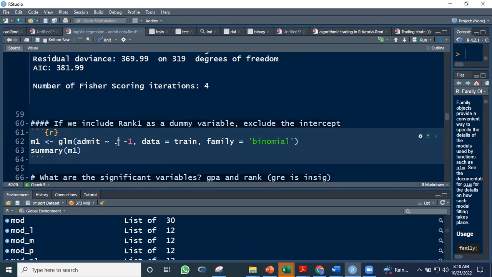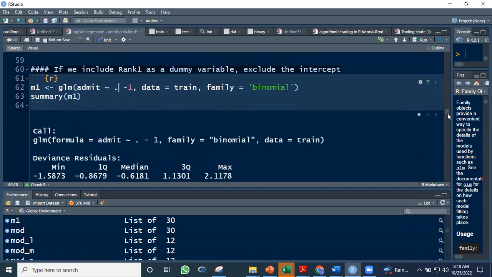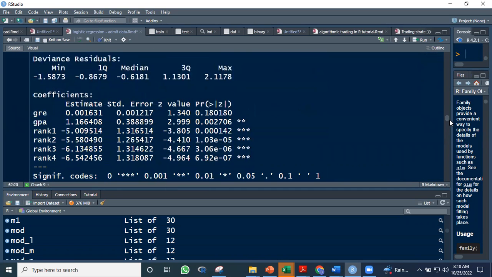And then -1 means you're removing the intercept. And then ang result dito yung rank 1 kasama dun sa output. So run natin to. There. So in lieu of the intercept, kasama si rank 1, rank 2, rank 3, rank 4.